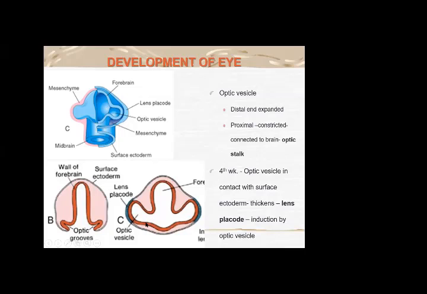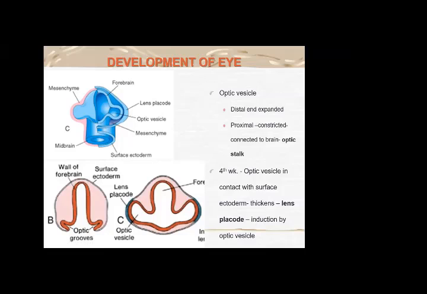So this distal part is called the optic vesicle, and this narrower part is called the optic stalk. The narrower part, with which the optic vesicle is attached to the forebrain, elongates and becomes what is called the optic stalk.